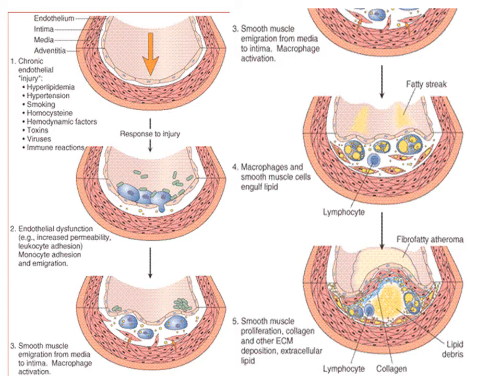So the first step is endothelial injury and dysfunction as a result of certain precursor lesions, including hyperlipidemia, hypertension, smoking, and certain toxins. As a result, there is accumulation of lipoproteins and their oxidized form within the vessel wall, and recruitment of leukocytes and monocytes.